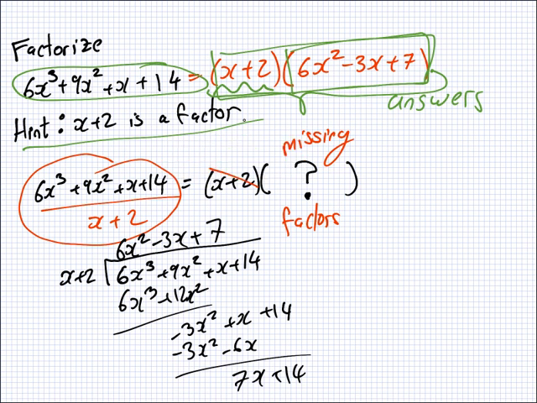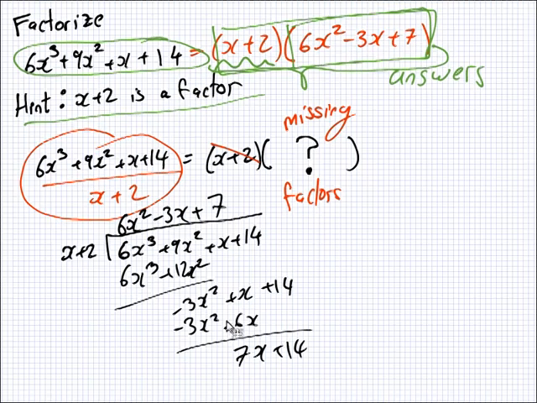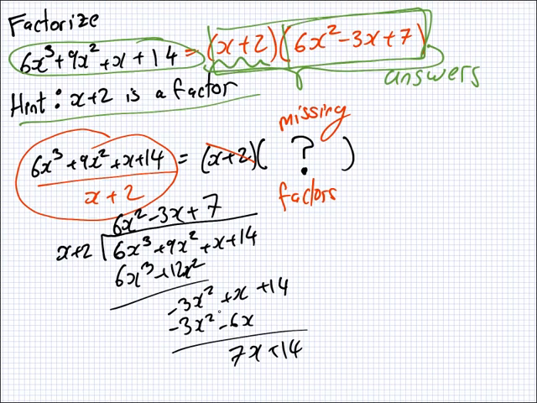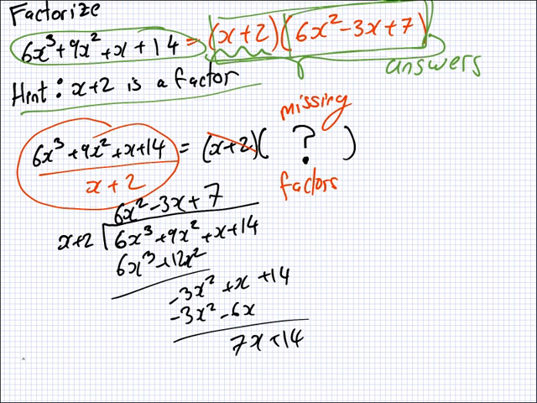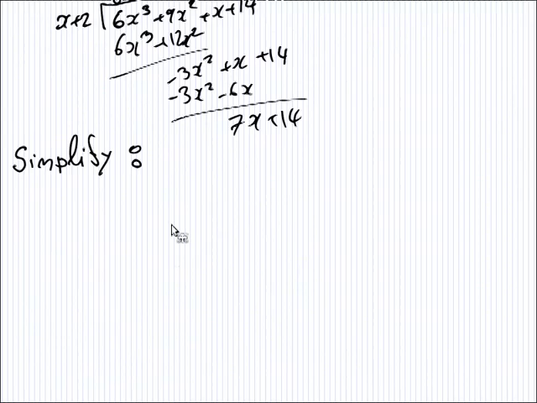Okay, one more example. This one's a little bit tricky. Let's see if you can figure it out. I'll just give you a minute to write that down in case you need to. It's going to be: simplify this.